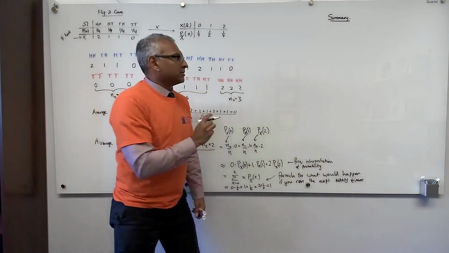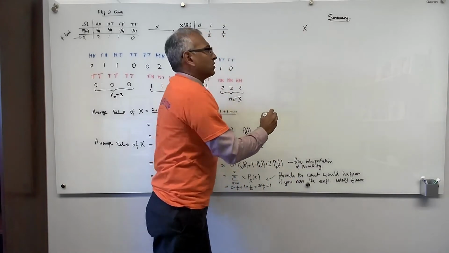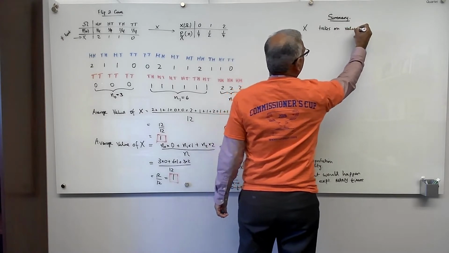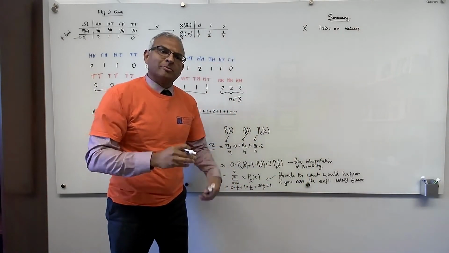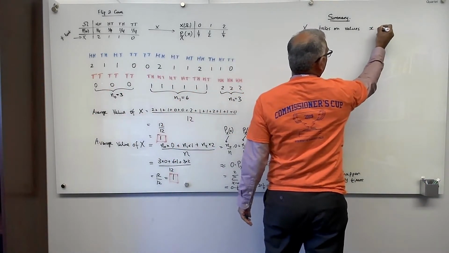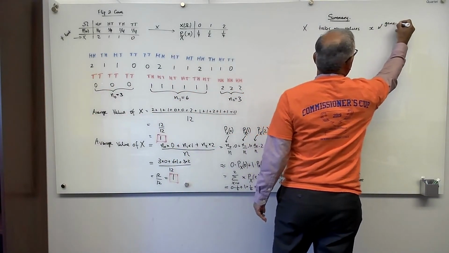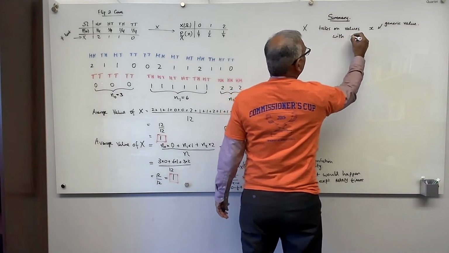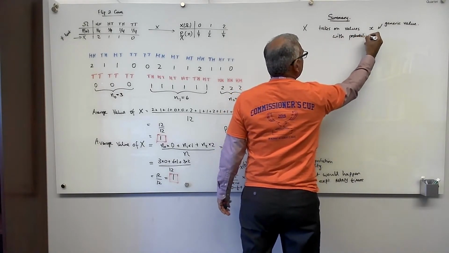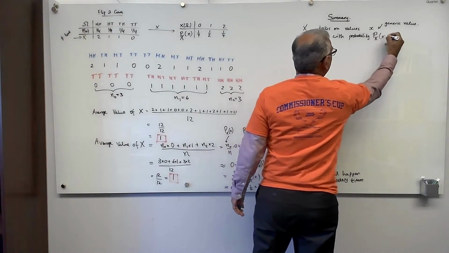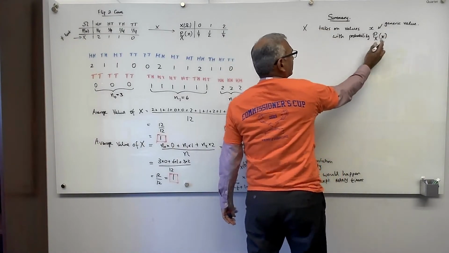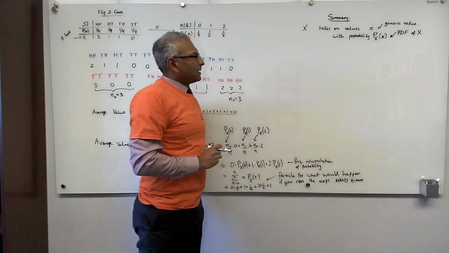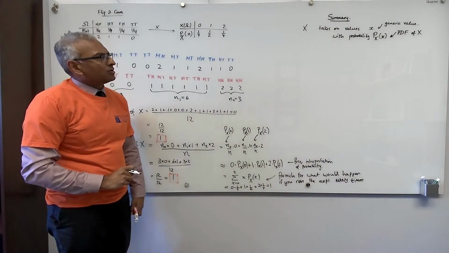If you have a random variable, x, that takes on values, and we'll generically represent the values by little x, a generic value, with probability px of x. So this is little x. So this is the PDF of x.